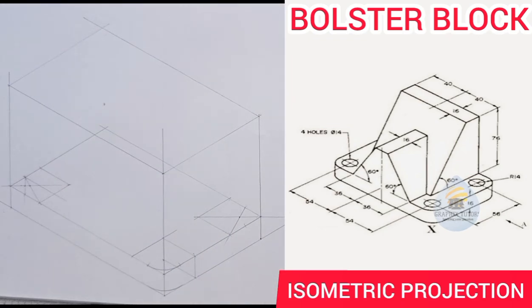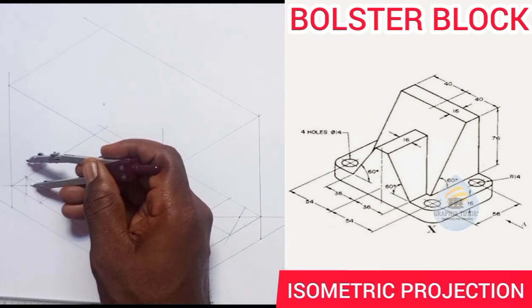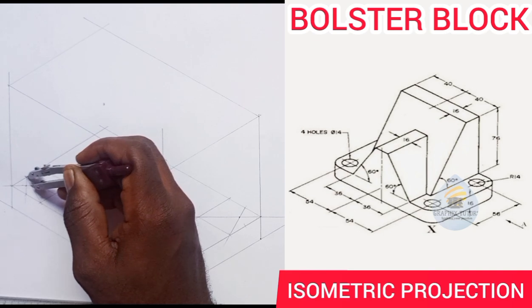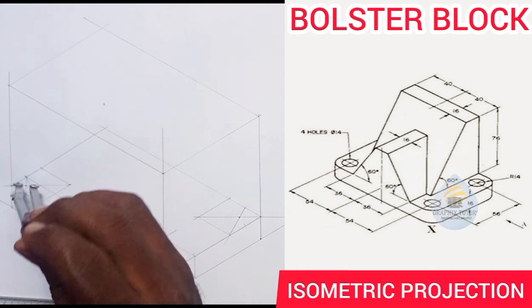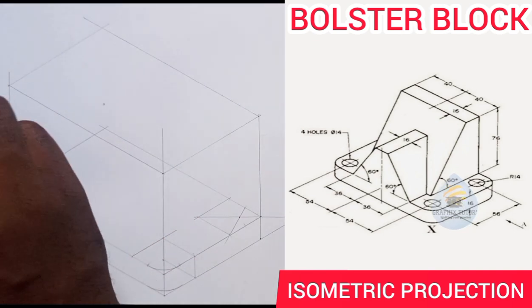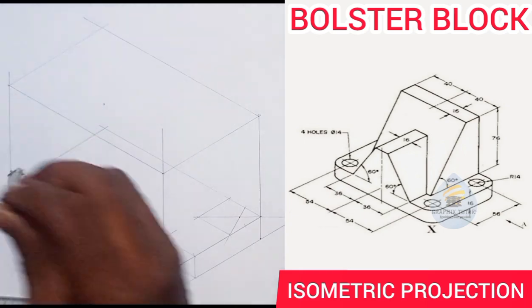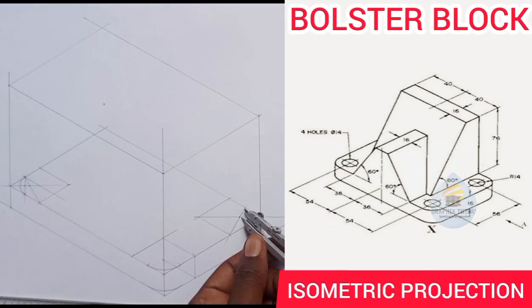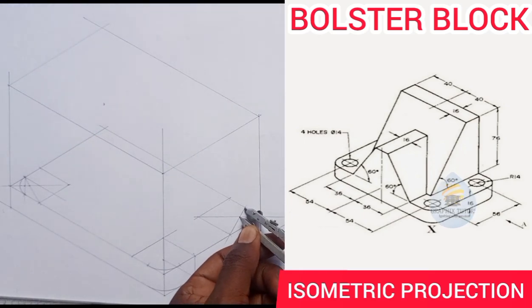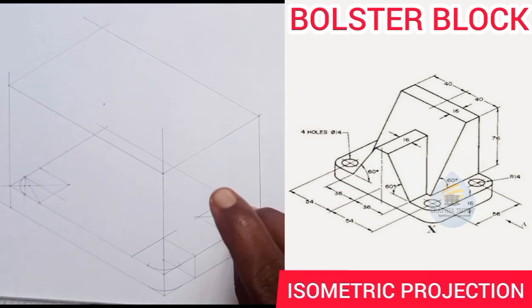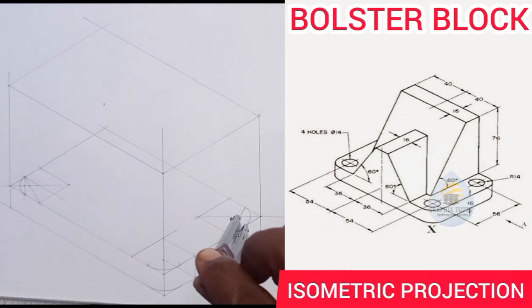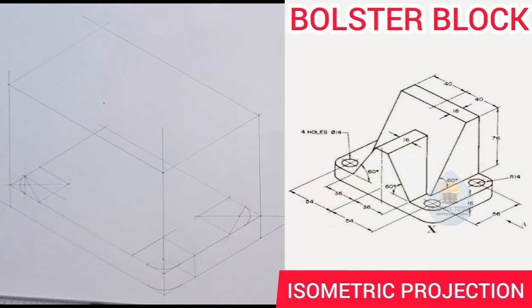So if I place my compass at this point here to this point, I'm going to draw what I need, to this. Can you see that? If I place it here too, I'll do the same thing. This is what I need. Can you see that?